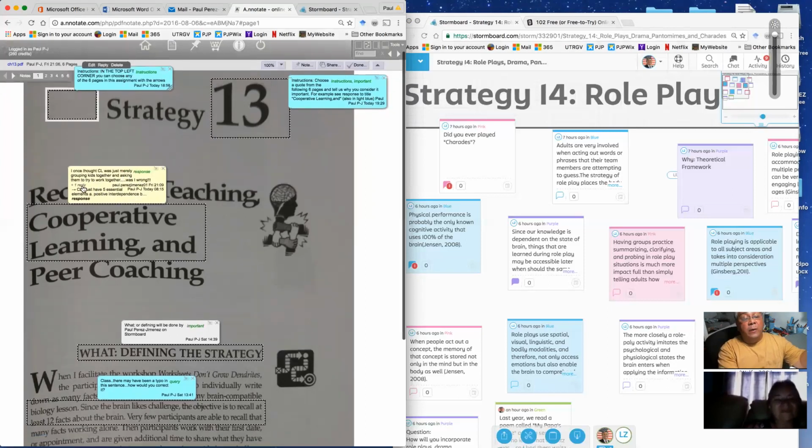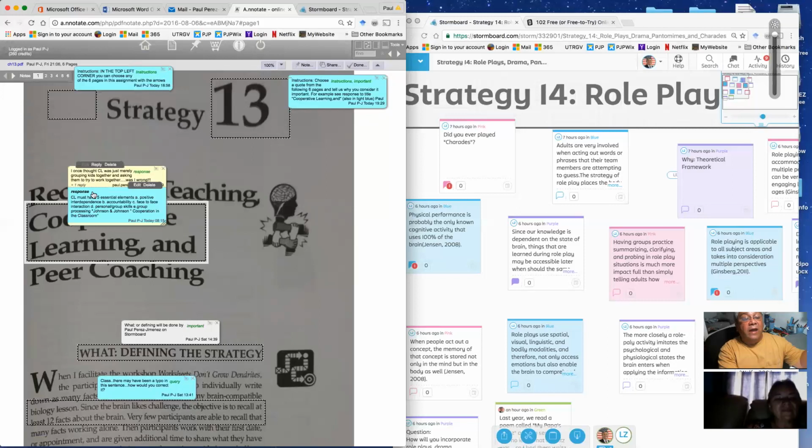And then I replied to myself a little while later and said, collaborative learning, and by the way, here is what the teacher responded to me. Collaborative learning must have 5 essential elements: positive interdependence, accountability, face-to-face interaction, personal group skills, and group processing. And this is according to Johnson and Johnson from their famous book, Cooperation in the Classroom.